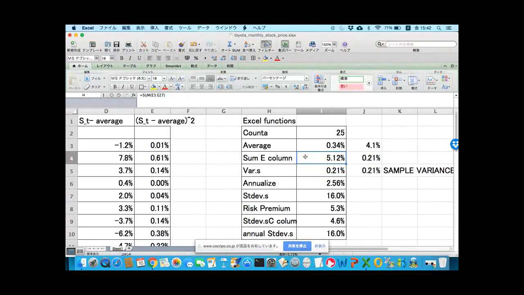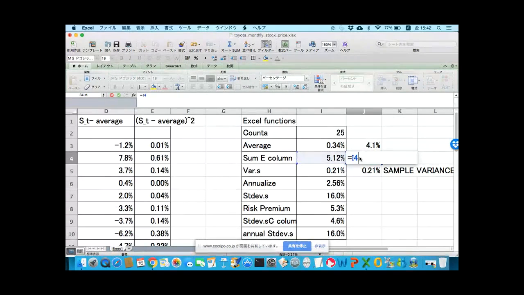We do not divide the 5.12 sum by 25. Instead, we divide by 24, because the degree of freedom is not 25, it's 25 minus 1, which is 24. So we divide this sum of column E, 5.12%, by 24.